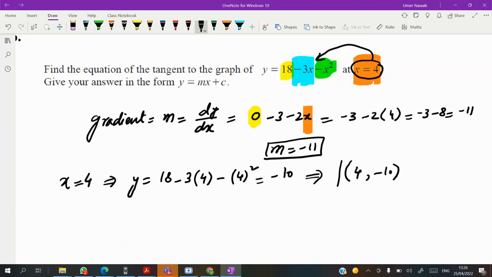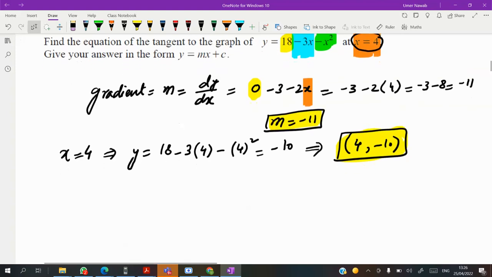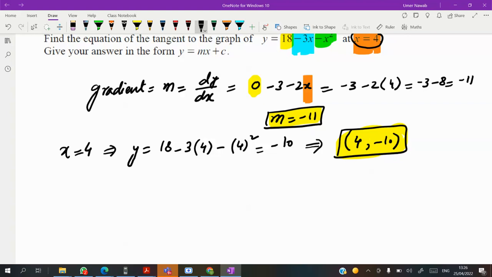Now, after knowing the point and the gradient, I'm ready to find the equation of a tangent line. Equation of a tangent line is y equals mx plus c. In the place of y and x, we substitute the points. Minus 10, m is minus 11, x is 4, plus c.